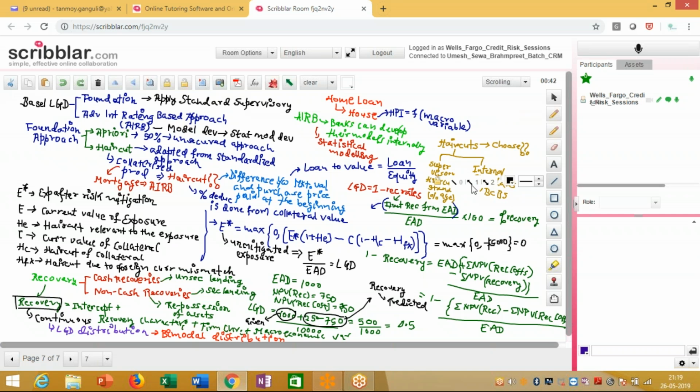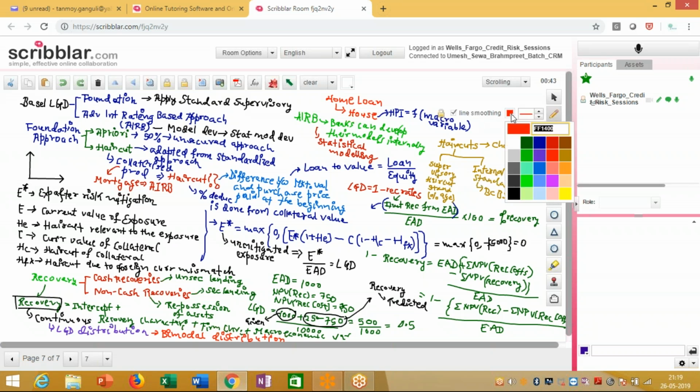Over here, let's say I'm trying to plot an LGD, or loss given default, distribution.